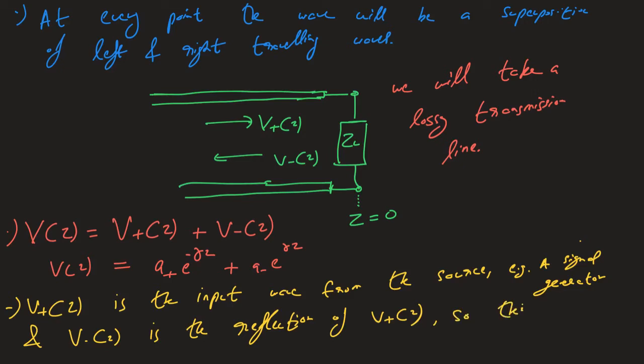So their amplitudes are related at z is equal to 0. And so what we'll say is that at z is equal to 0, the amplitude of the left propagating wave will be equal to some factor capital gamma L times v plus at z is equal to 0.